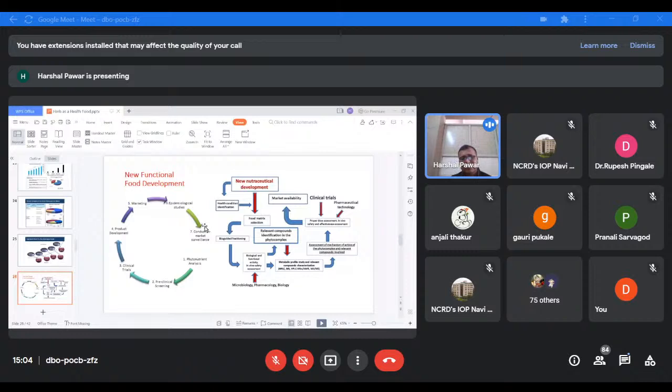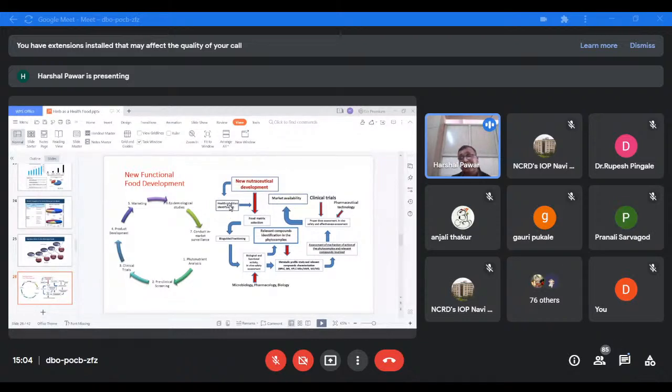So these are the ideal steps which one should follow in the development of a nutraceutical formulation, right? Obviously, when you are going for a functional food, some of these steps you will have to skip, right?